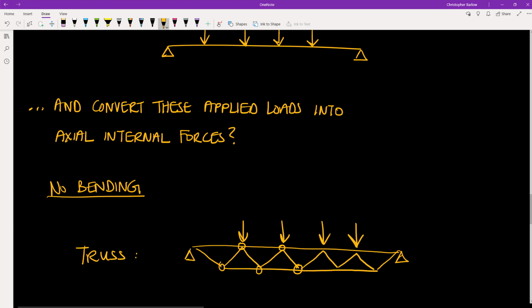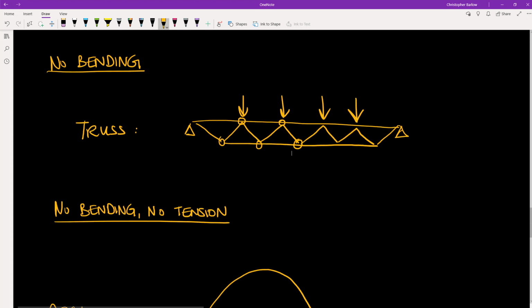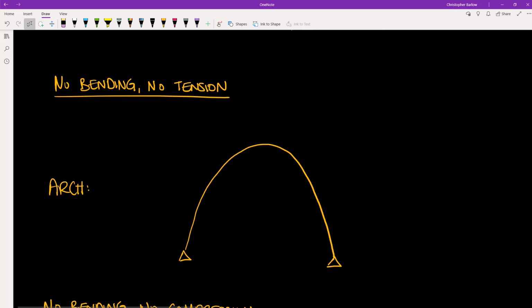What if we designed a system that could transfer a force across a perpendicular distance without creating bending or tension stresses? What if the system could carry forces across a perpendicular distance purely through compression? Well, that system would be called an arch.